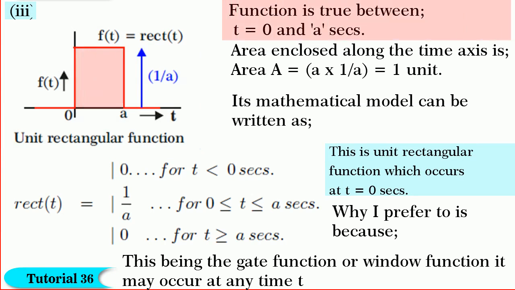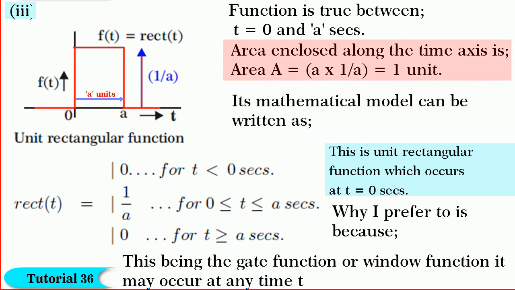The function is true between t is equal to 0 to a seconds. The function has a base of a units and a pulse height of 1 by a units. Hence, area A is equal to a into 1 by a, which will give us 1 unit.